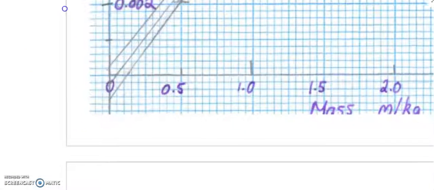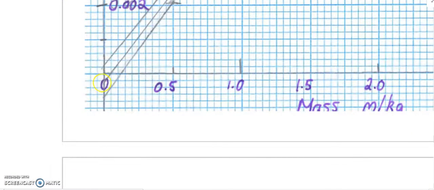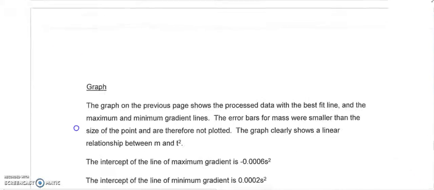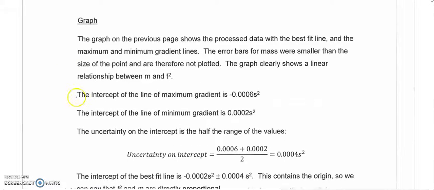You'll notice that the line of best fit doesn't quite go through the origin, but the intercepts of the best fit line, the maximum gradient line and the minimum gradient line cover the origin. So the origin is somewhere in this range. I can read off the intercepts of the maximum and minimum gradient lines and use them to calculate the uncertainty in the intercept, which is half the range of the values.